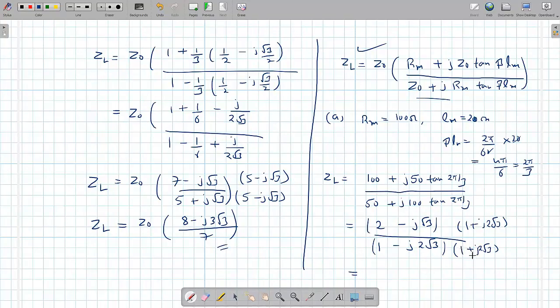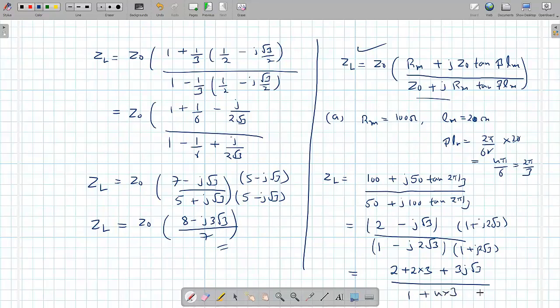This is 1 plus 4 into 3, this is 2 and j root 3 minus j 4 root 3 plus 3 j root 3. You can see it is not matching with this; it is plus sign here.